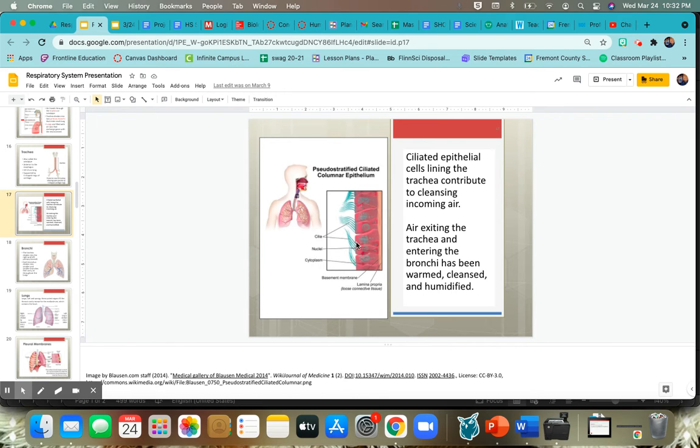Think about it, you have these in your nasal cavity. When the air comes into your nasal cavity, it gets warmed, cleansed, and humidified, and then it travels down through the larynx and gets warmed, cleansed, and humidified again. Your body is really trying to clear the air of dangerous particulates before it gets to your lungs.